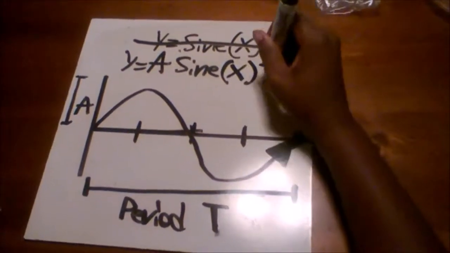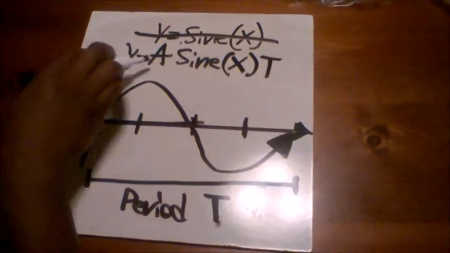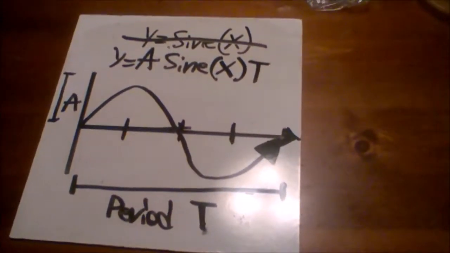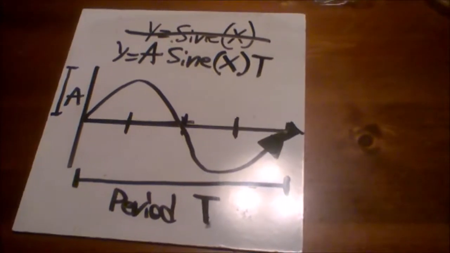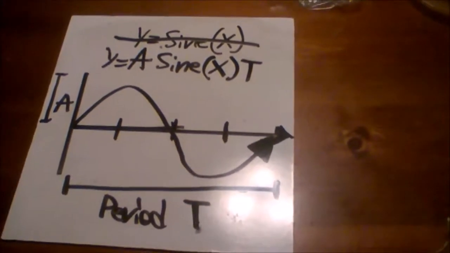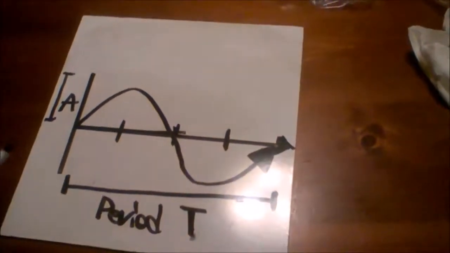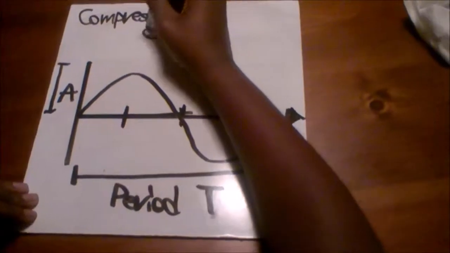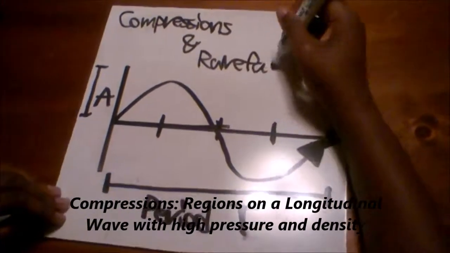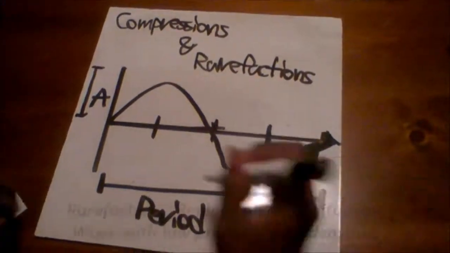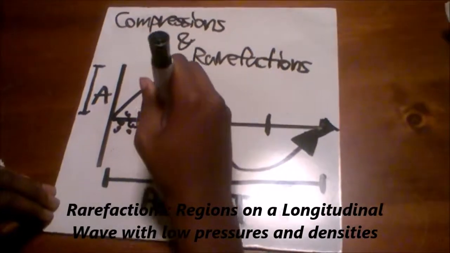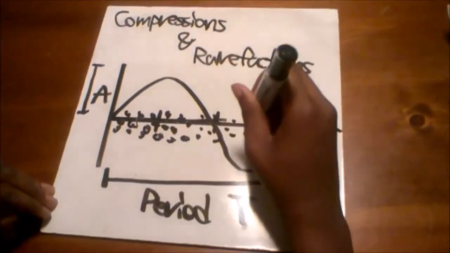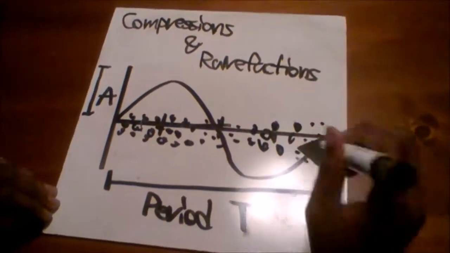Not only that, we have to replace the transformation constants in the original sine formula with constants for the wave properties. Also, remember how sound waves are longitudinal? Therefore, they have to have compressions, regions with higher densities and pressures, and rarefactions, regions with lower densities and pressures. So just note that they exist in sequences on the sine graph.